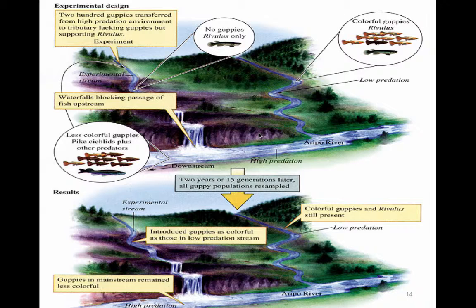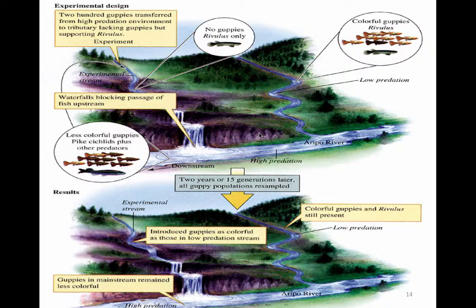Body of water 2 is a high predation region of the Aripo River with pike cichlid and other predators. And body of water 3 is a low predation area with guppies and Rivulus, or killifish.